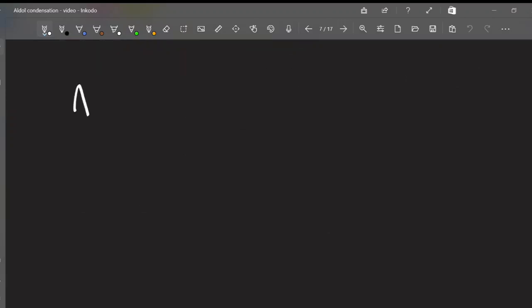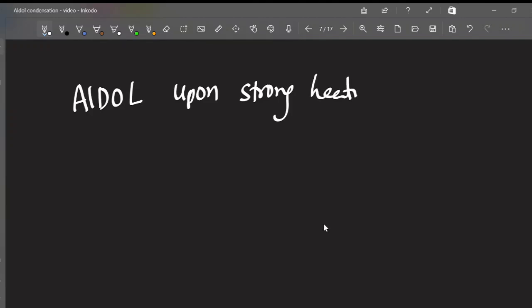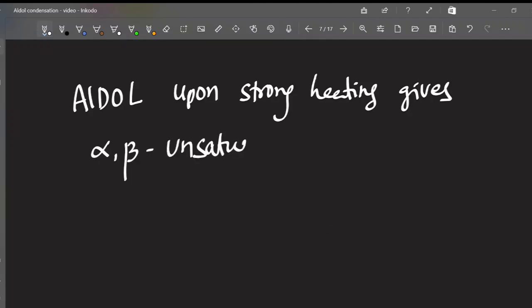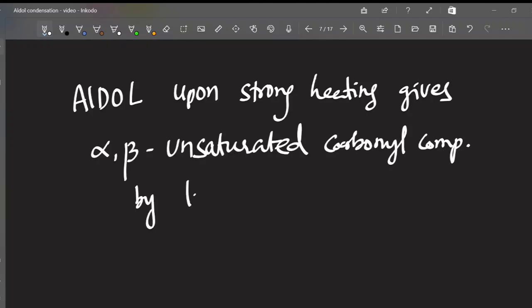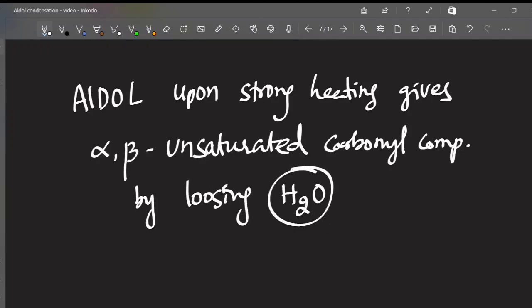And that aldol, whether a beta hydroxy aldehyde or ketone, upon strong heating gives an alpha, beta unsaturated carbonyl compound by losing water. So this is nothing but our aldol condensation.